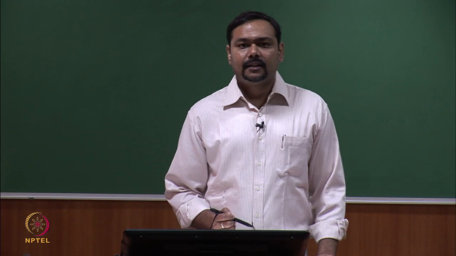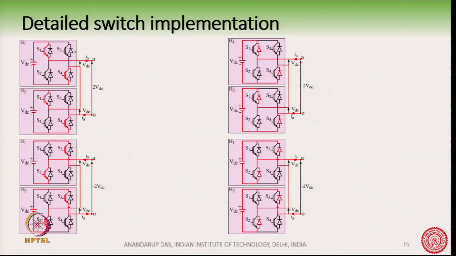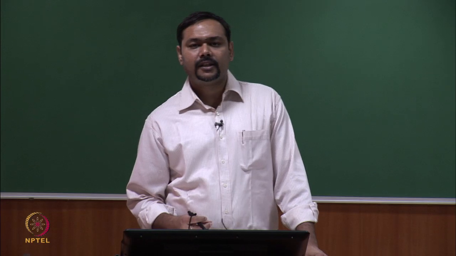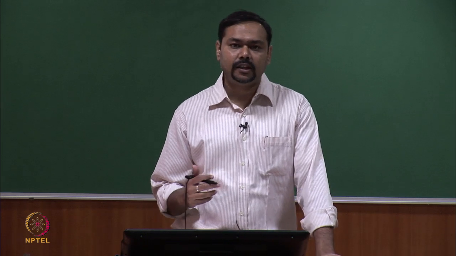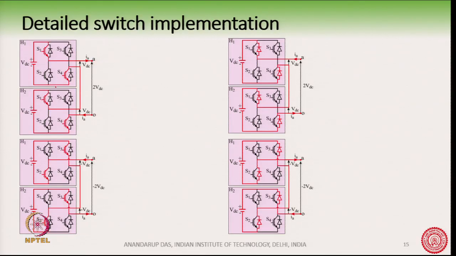Now we see the detailed switch implementation here. I am not going to talk about it in detail, because we have already covered it earlier, where you can see how, depending on the direction of current, the switches are conducting.